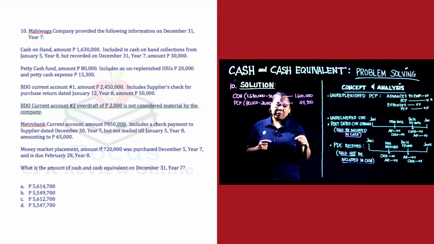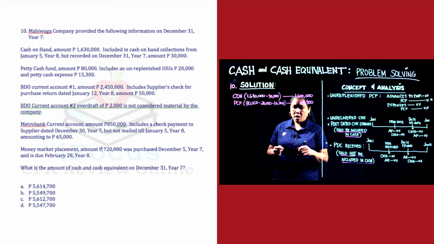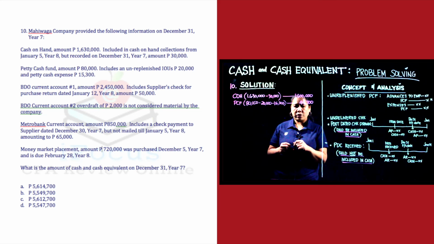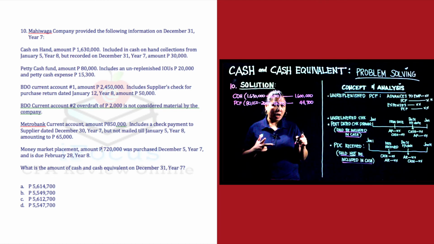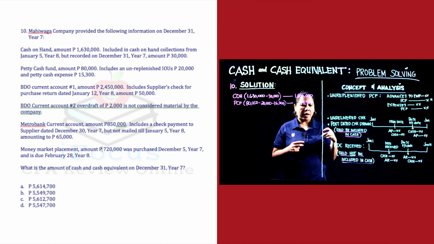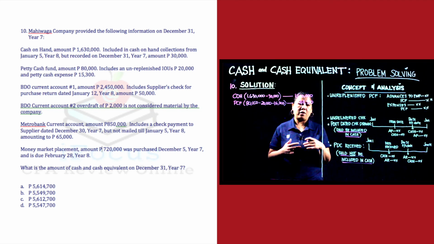Now, another item is BDO current account number 1 amounting to 2,450,000. Includes supplier's check for purchase return dated January 12, year 8. So, ano itong 50,000 na ito? Post-dated check received, okay? It includes supplier's check for purchase return. So, nag-return tayo ng inventory kay supplier. Si supplier, binigyan tayo ng post-dated check. Alright?